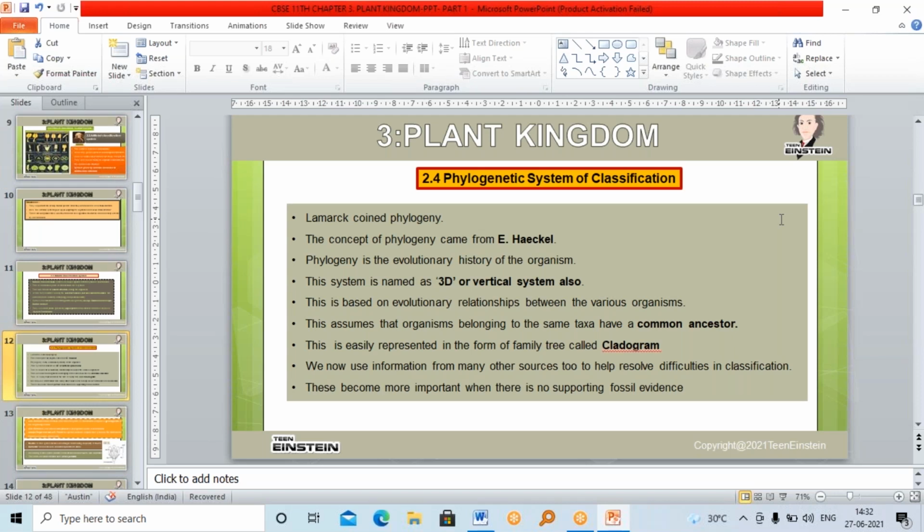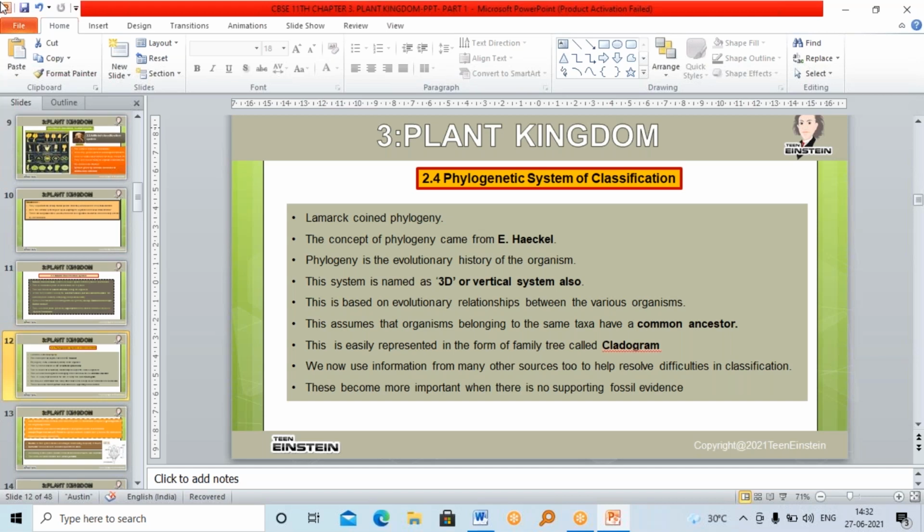To understand a species or some group of organisms, we study their previous generations, and such studies are called phylogenetic studies. The term phylogeny was coined by Lamarck.